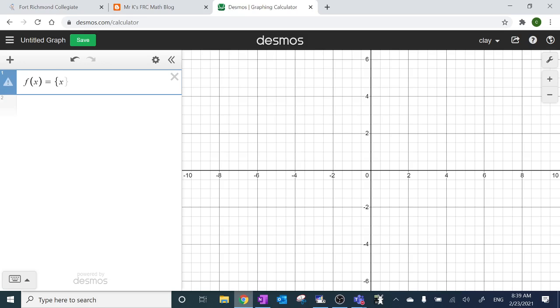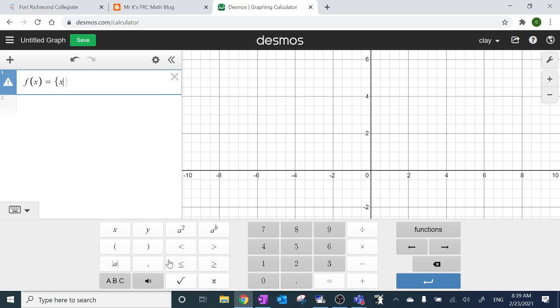So I'll go x, and if you're looking for where less than or equal to is, you have to go down here, and it's in the menu, less than or equal to, and then 1. Okay, and then colon, and then the actual equation, which was negative x squared plus 4. And there we go. So there's the first part.